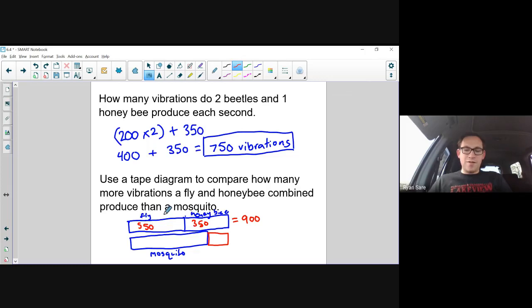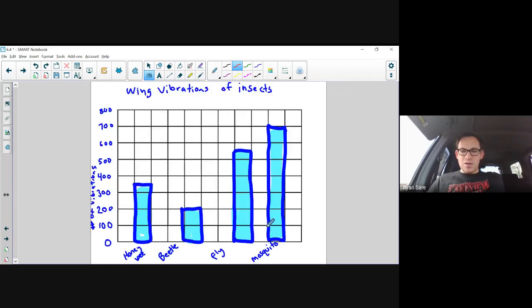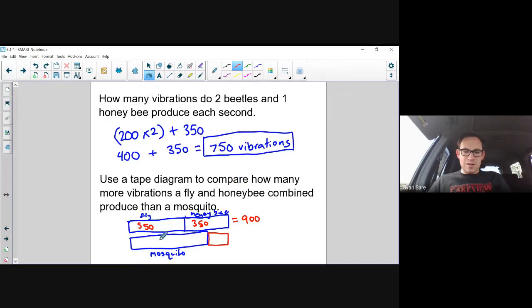So I've got a 500, a 300 plus that 100 from the 50s, 900. The mosquito was 700. So I'm looking for the difference between 900 and 700. So this value right here is going to be 0, 0, 9 minus 7, 2, 200. So the difference is 200.